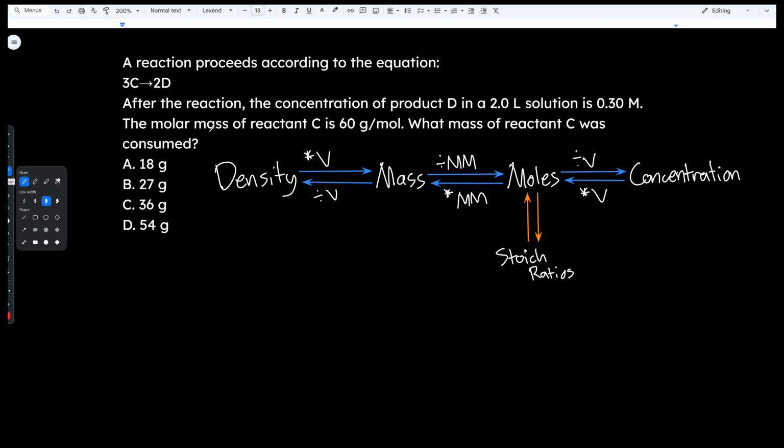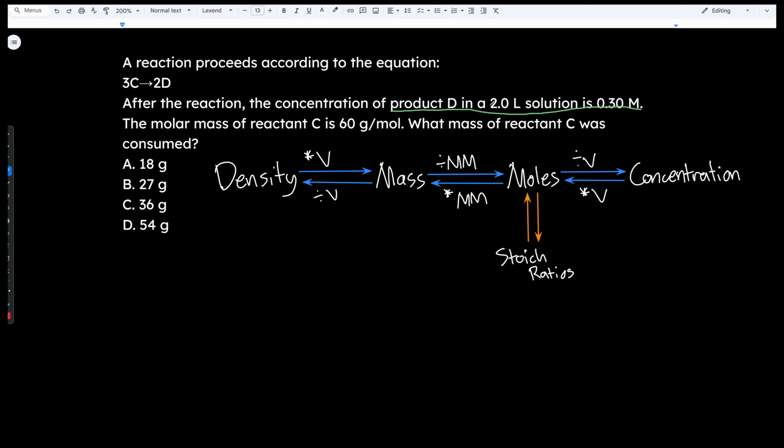So they give us the reaction. Notice that the ratio is going to be 3 to 2. Right. So after the reaction, the concentration of product D, they are giving us, this is what we're starting off with. Product D, notice that I don't even really care that it's a product.